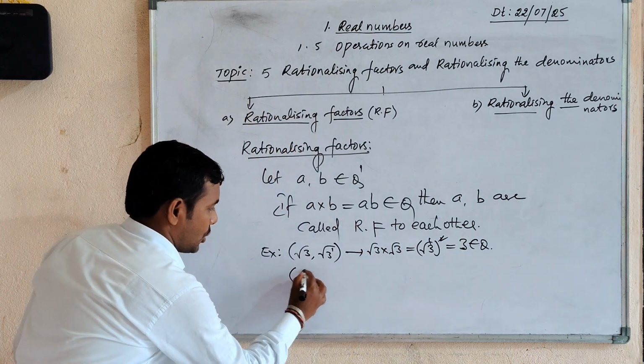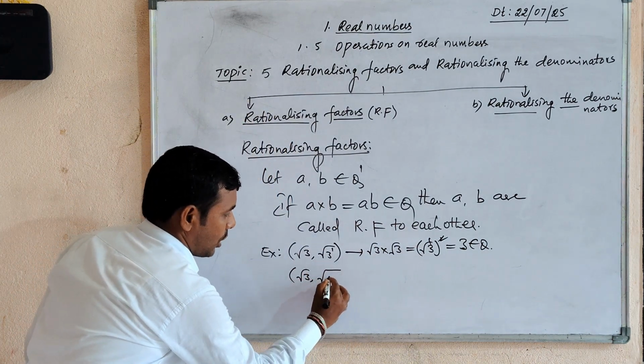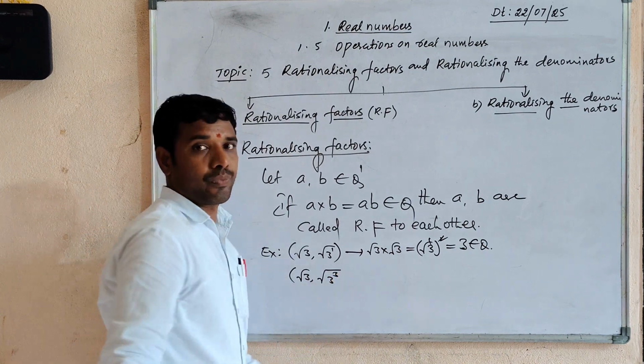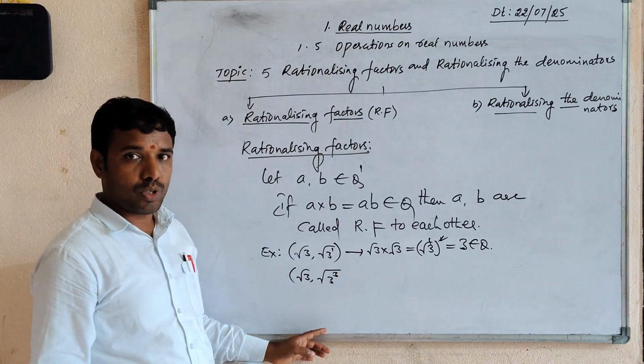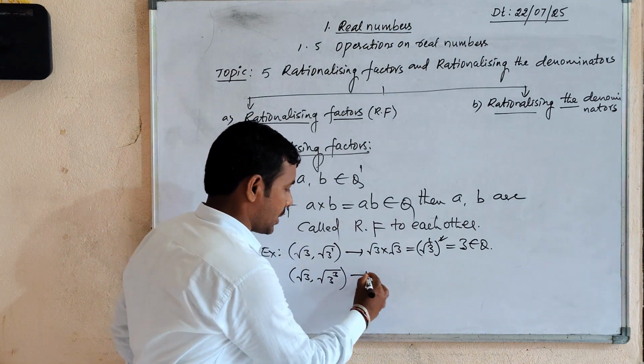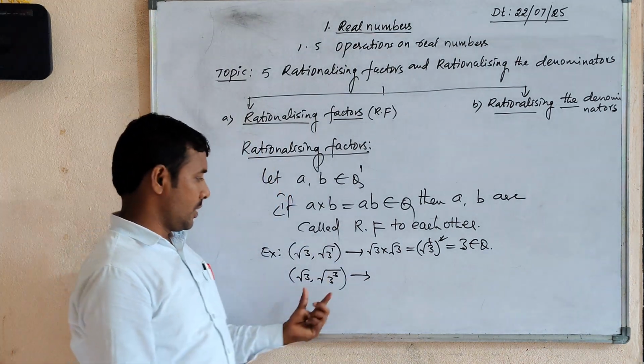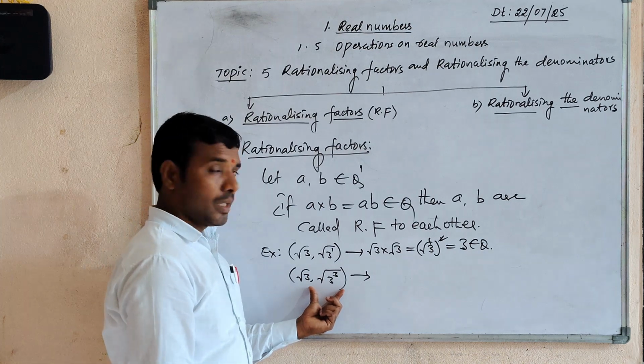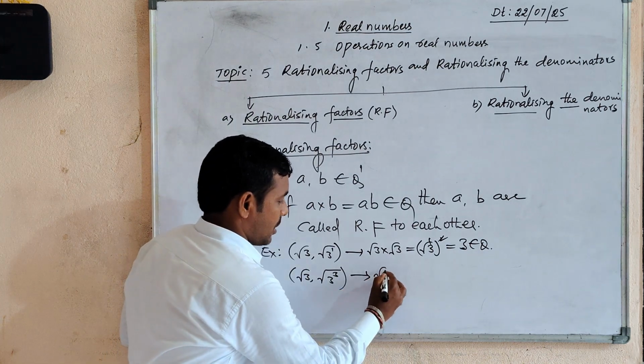One more example: square root of 3, square root of 3 to the power of 3. This is also one of the best examples for RF. Let us go with the multiplication of both.